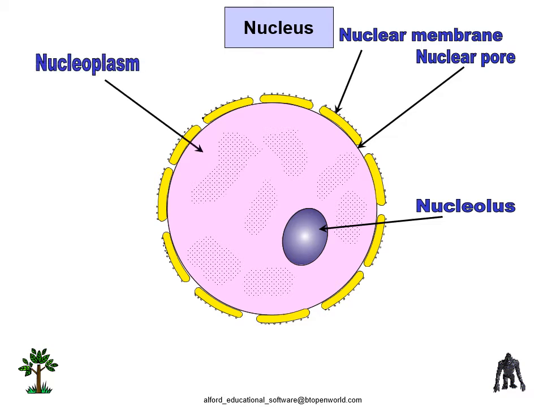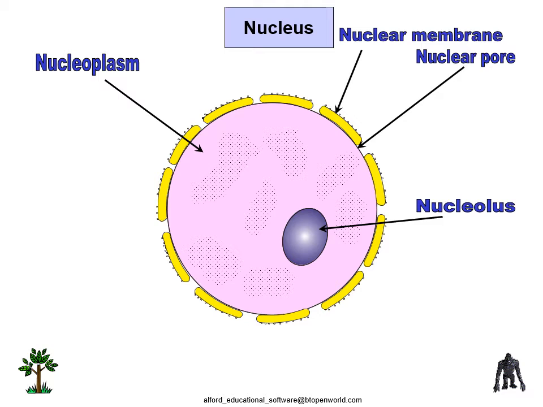And then within the nucleoplasm, we can see the denser looking patches, and those denser looking patches are what we call the chromatin, which during cell division you will have seen wound up tightly, and at that time it looks like chromosomes, those X-shaped chromosomes you'll have seen in your GCSE studies.